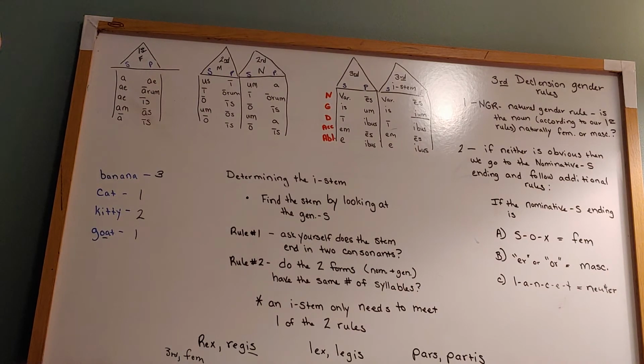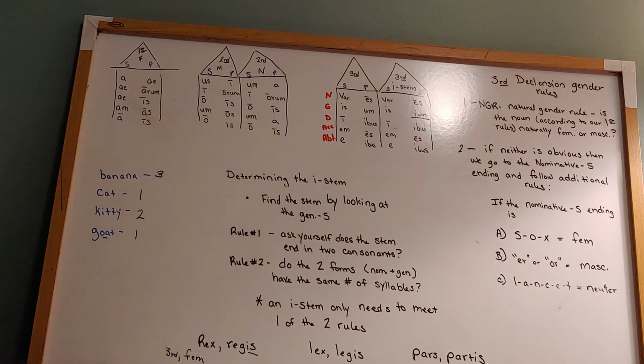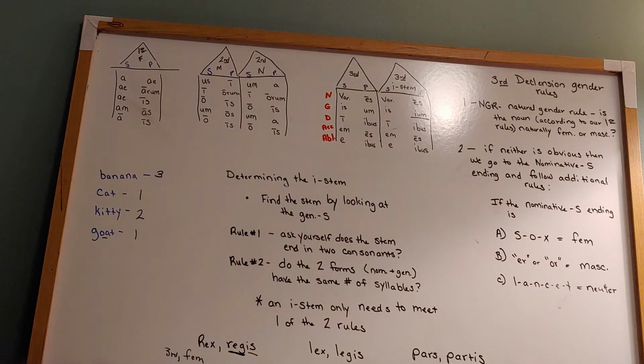And now we need to determine if it is an I stem noun. So now we're going to ask ourselves, does it end in 2 consonants? And we're only going to look at the stem for this question. R-E-G. It does not end in 2 consonants.